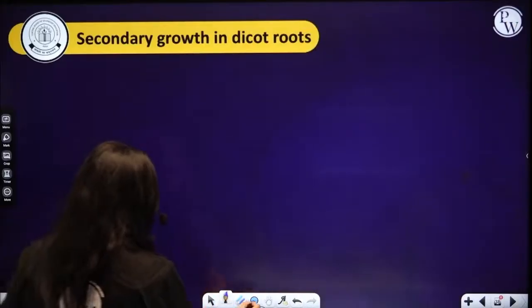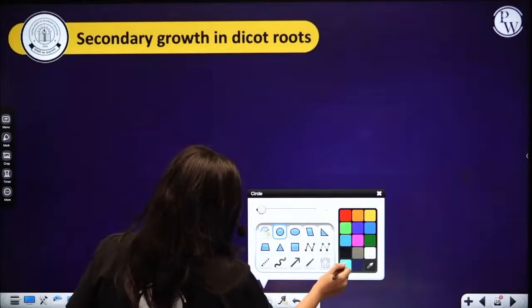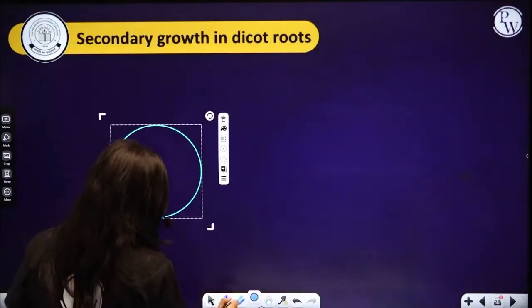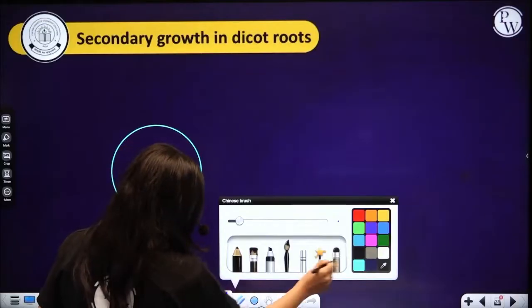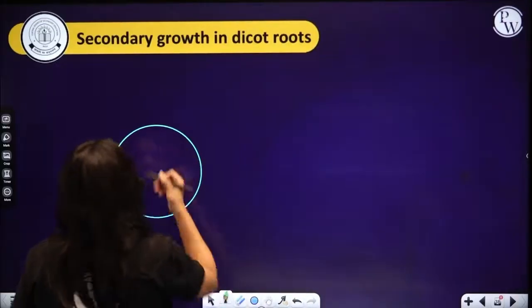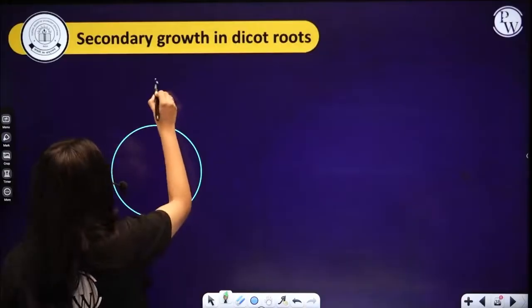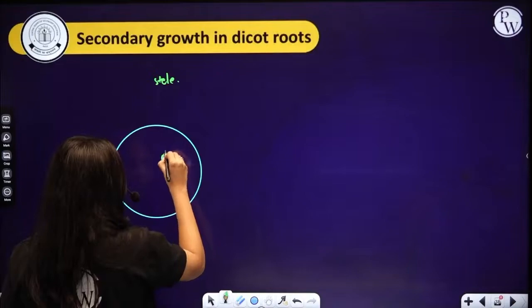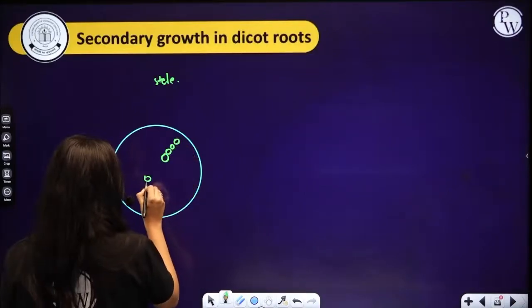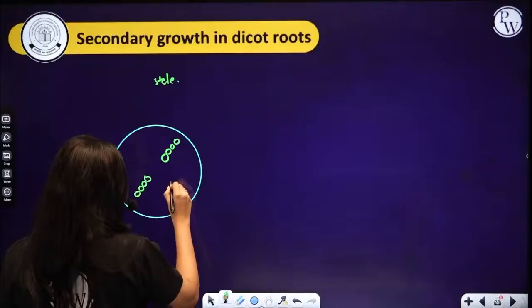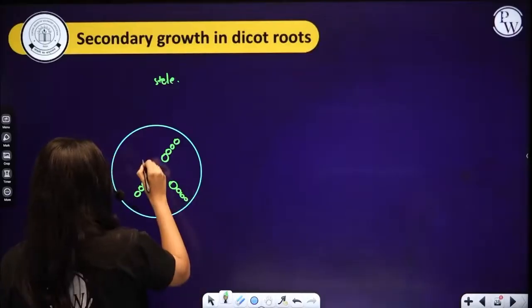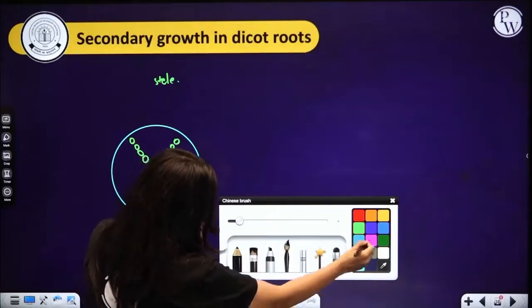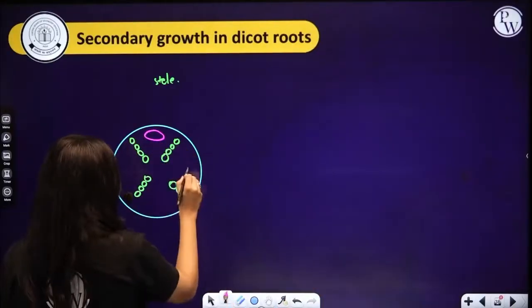Now let's look at the stele region of the dicot root. So you have xylem, xylem, xylem, xylem, and then you have phloem here.